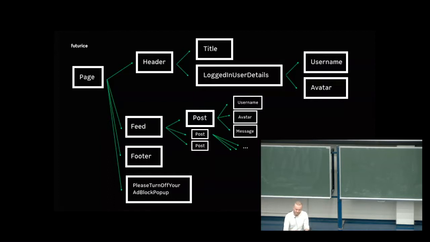A footer, and yeah, kind of goes deeper and deeper. And a cool thing about these components is that, for instance, in this use case, you have the username and avatar components in 2 different places, and it could even be the same component now. You would only have to write the code once.